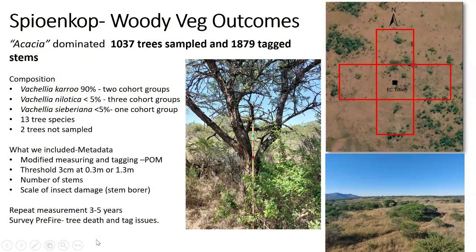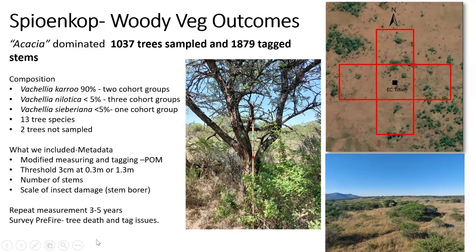And this is where it gets quite interesting. We have a CSO protocol, but you can add to it and modify it for your site. So we modified how we measure the trees. Since acacia, with browsing or fire, forms multiple stems that can range between 3 to 8 stems, and because we didn't want to lose that data, we measured at the base of each of the stems, so we can still track the growth over time.